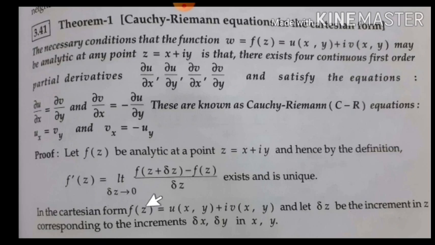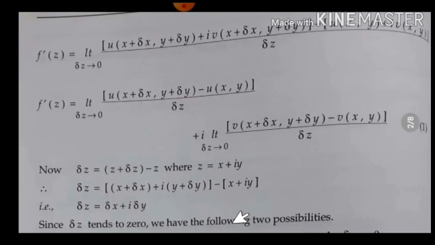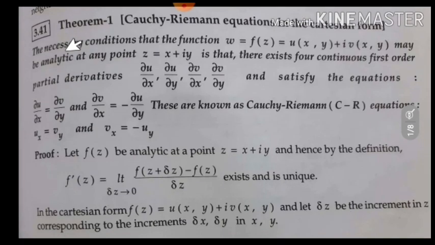Now in the Cartesian form, f of z is nothing but u plus iv, and in place of z we can take a small increment in x and y as delta x and delta y. Now f dash of z, if I am substituting it in this formula, f of z plus delta z means everywhere z has taken a small increment.